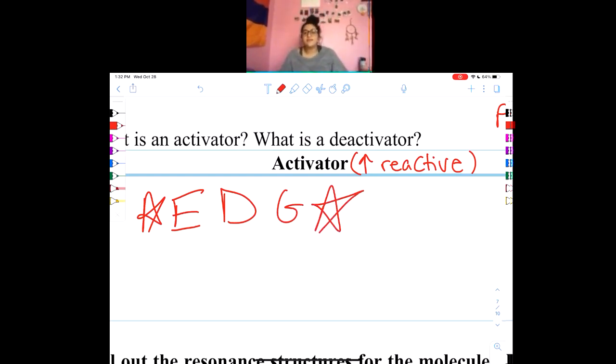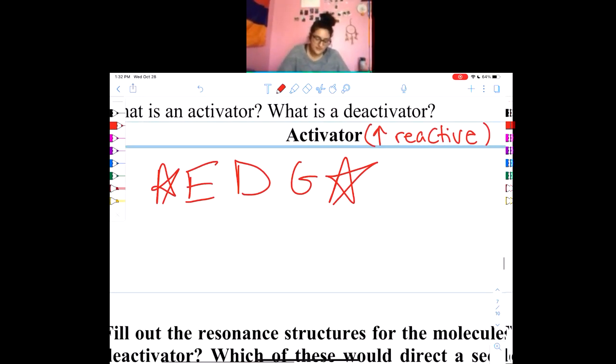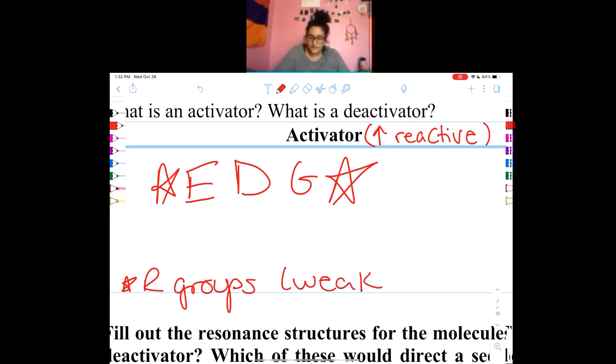Cool. And this is where the stuff from chapter 13 comes back into play. So what are a few things that are electron donating groups? R groups, yes. But now it's really important to say that R groups are weak donating.